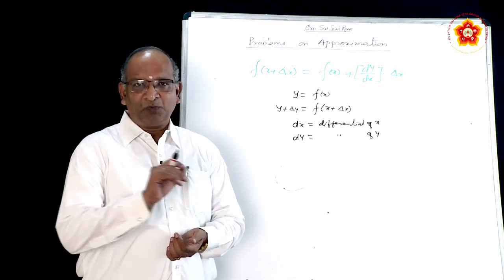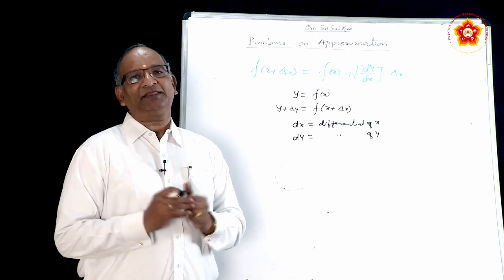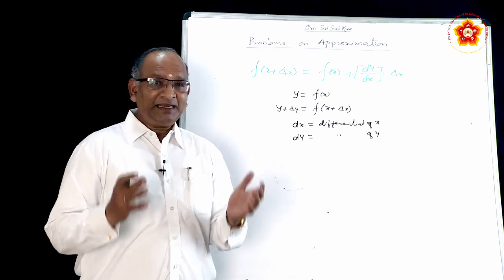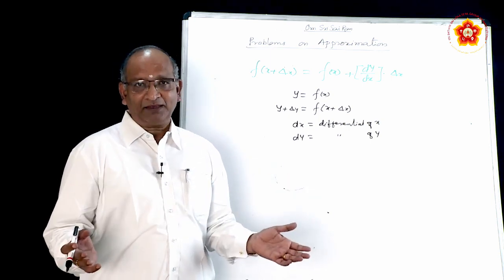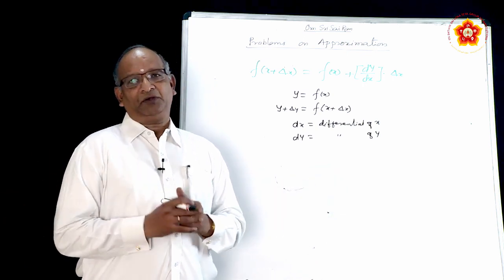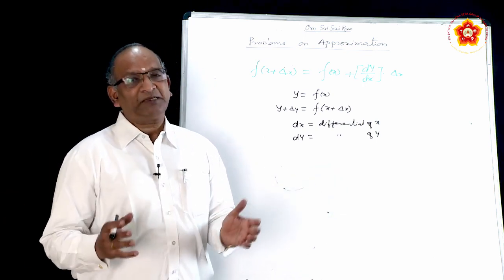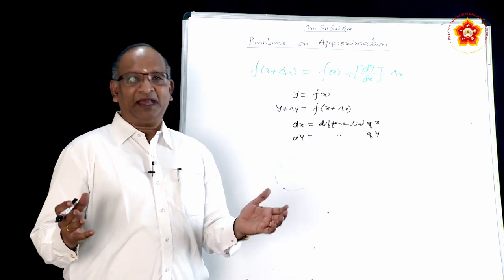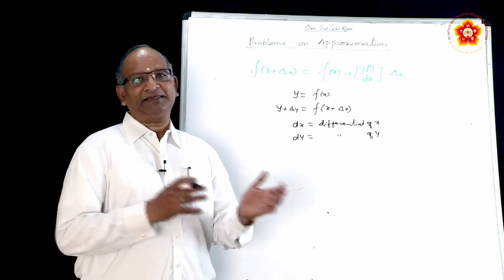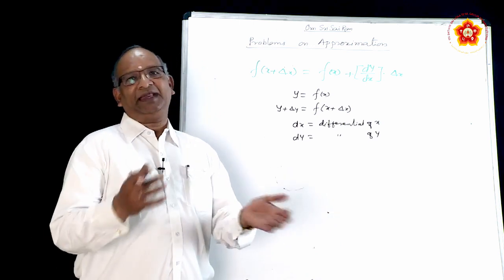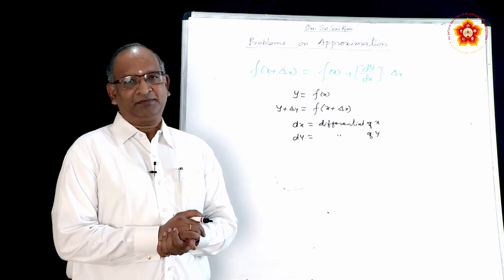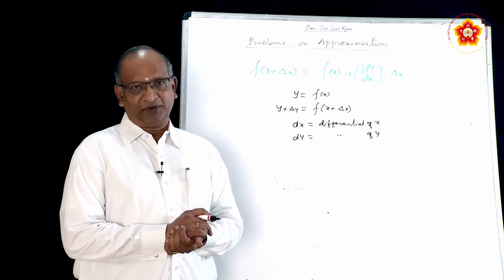If you have made a small error in measuring the length of the edge, which we call L, simultaneously it affects the surface area, and it will also affect the volume. We want to find out what is the approximate error which can occur in surface areas and volumes, if there is an error in measurement of length of one side. Let us see some problems based upon that.